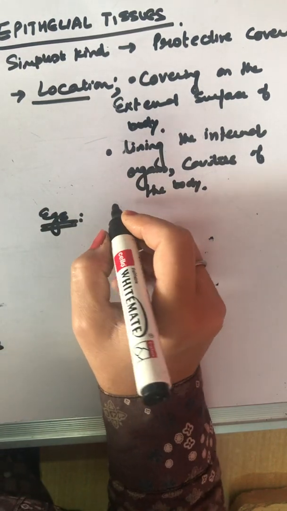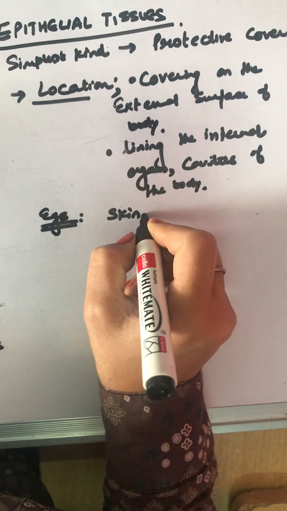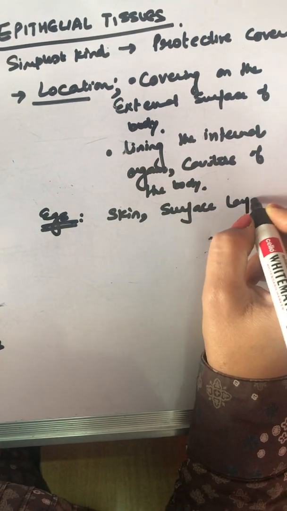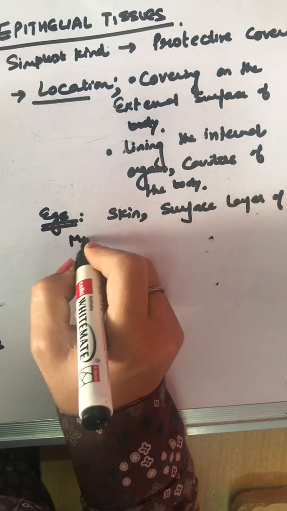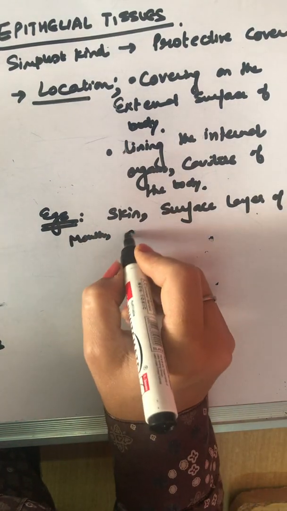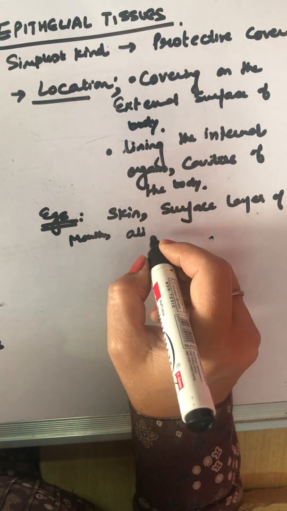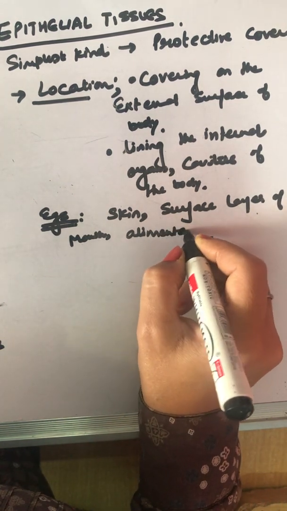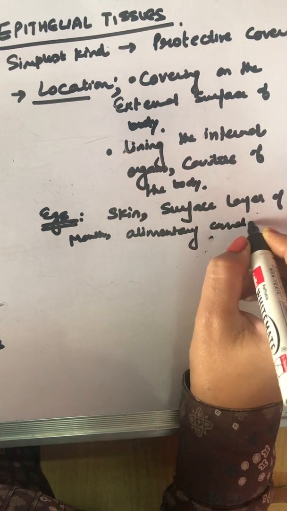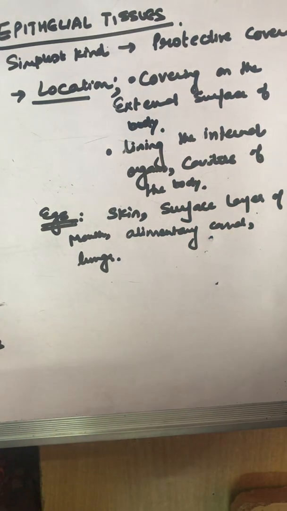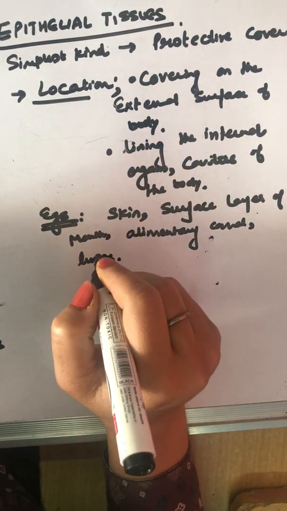As examples, skin, the surface layer of the mouth, the alimentary canal, you know what the alimentary canal is, your digestive system, then lungs. All these are made up of epithelial tissues.